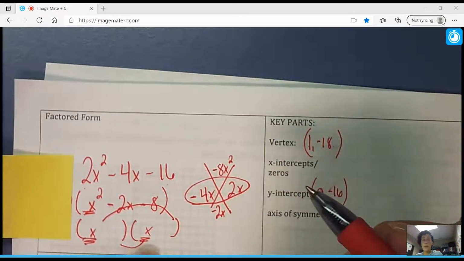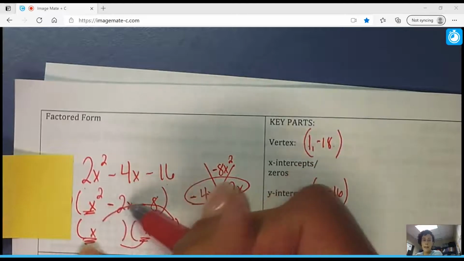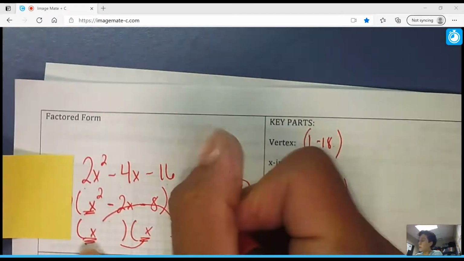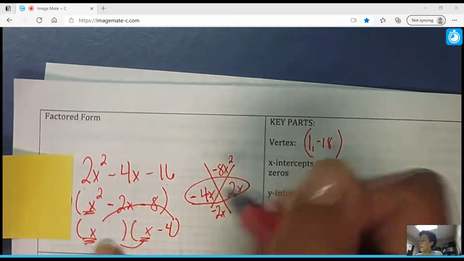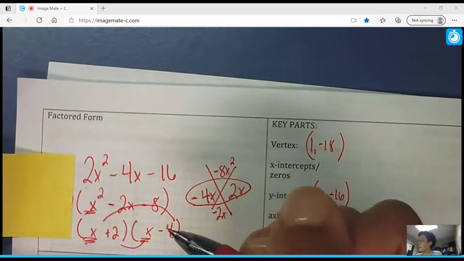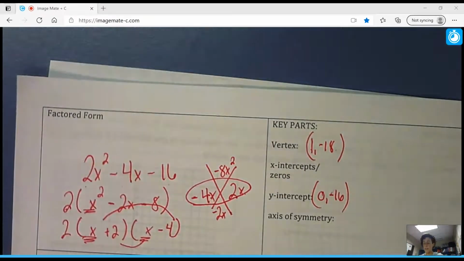And since these are both x, I'll just start with this one to get negative 4x. So x times what makes negative 4x would be a negative 4. And then x times what makes a positive 2x would be a positive 2. And then I can bring that 2 down, but the 2 won't help me with my x-intercepts.